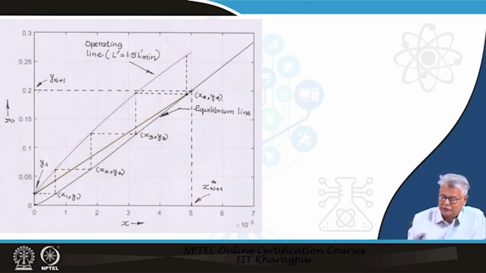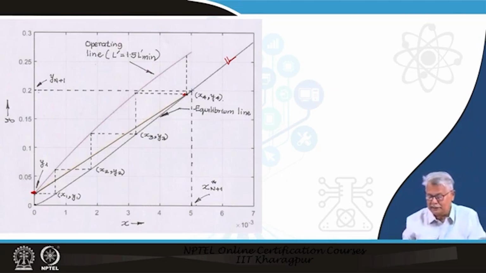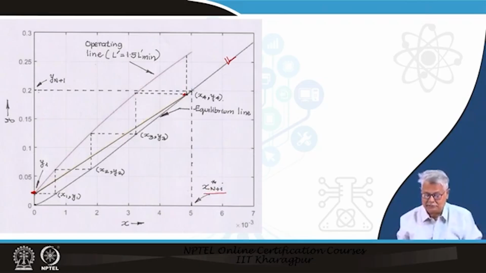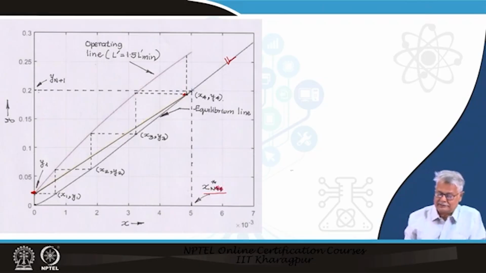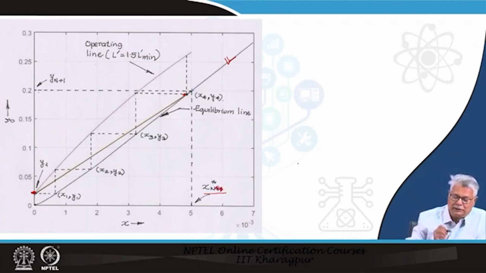Here we have the XY coordinate, here is the Y, and here is the X. The equilibrium data is here. Corresponding to the L minimum, this is my starting point, which is the top of my absorber, and this is the bottom end, and we have noted that corresponding to Yn plus 1, what we have here is basically Xn star.